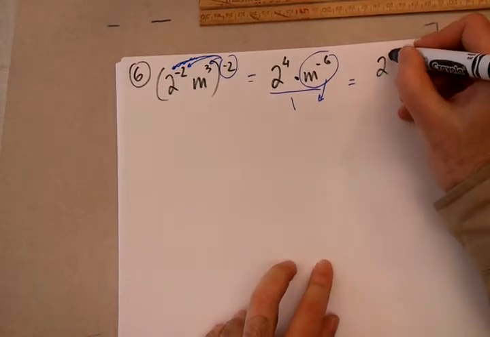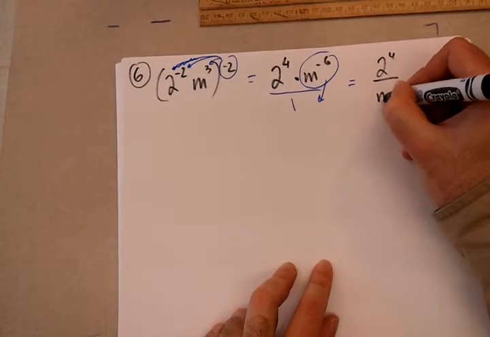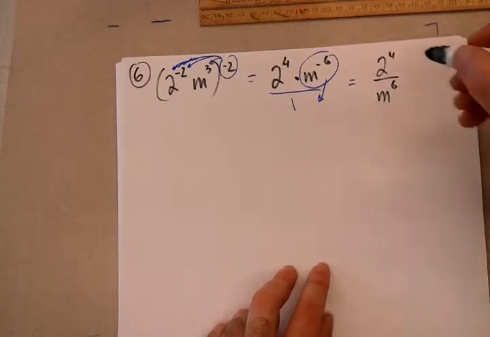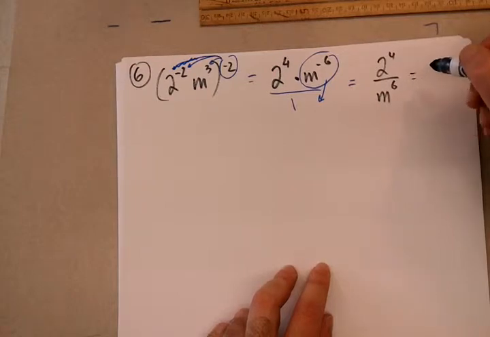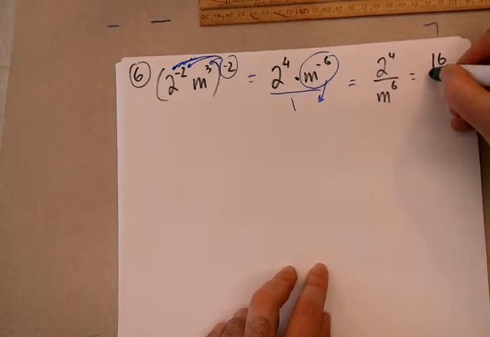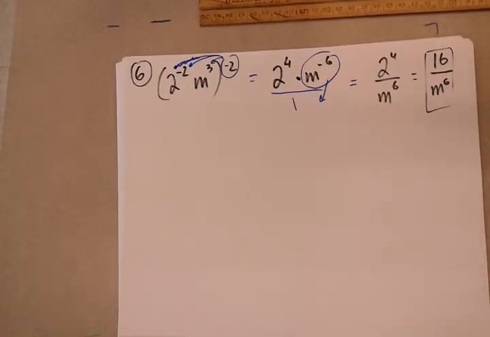So you're going to get 2 to the 4th power on the top, because that didn't change, and m to the now positive 6th power in the denominator. And the last thing that you need to do is simplify, and 2 to the 4th power, 2 times 2 is 4, times 2 is 8, times 2 is 16. And that is it. That's the answer to 6.